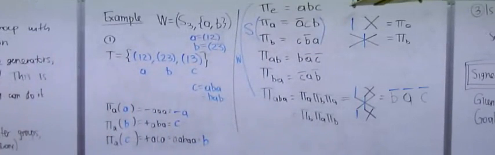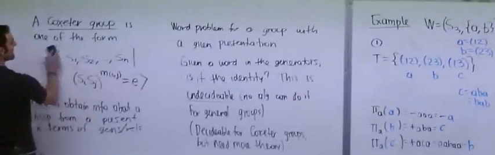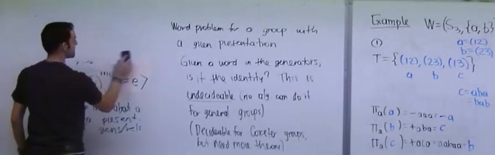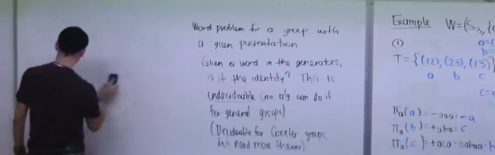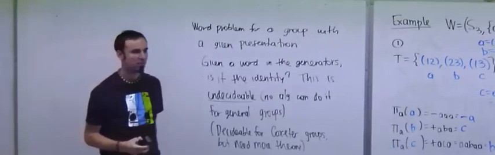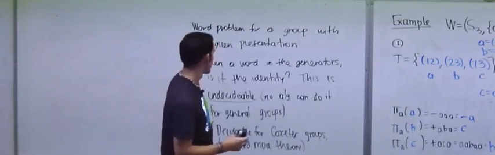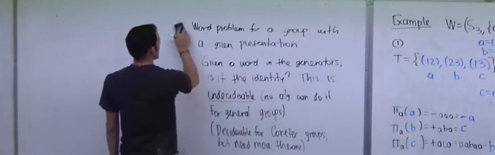Any questions so far? Yeah. Give me one. No, really. Ask me some questions about this. So pi of W is a normal subgroup?